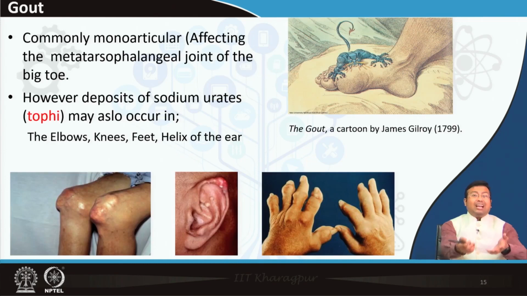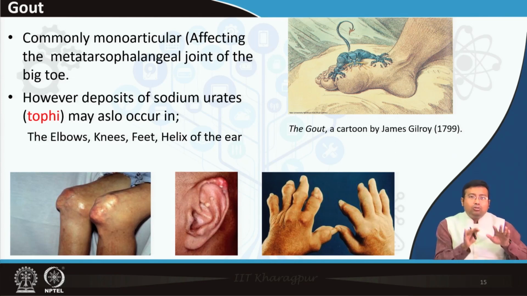Often it is a monoarticular disease. There are multiple reasons for joint pain. There are multiple systemic disorders, for example rheumatoid arthritis, osteoarthritis, psoriatic arthritis. You can find the reasons for arthritis in any standard textbook, or search online, but most of them are characterized by multiple joint involvement.